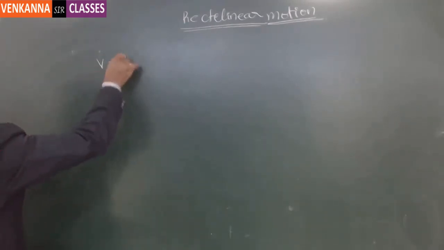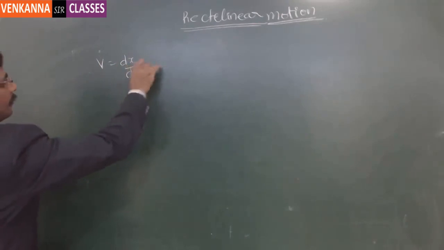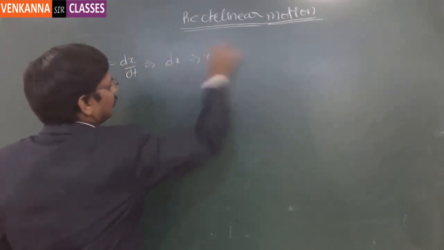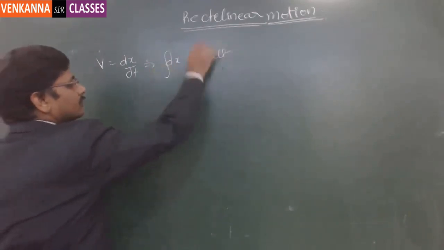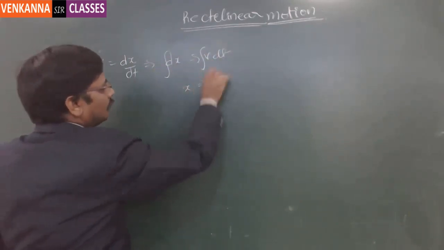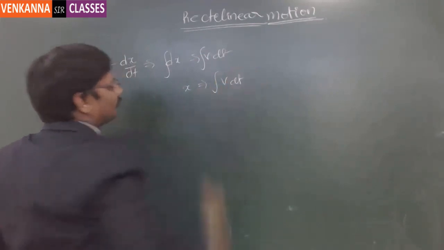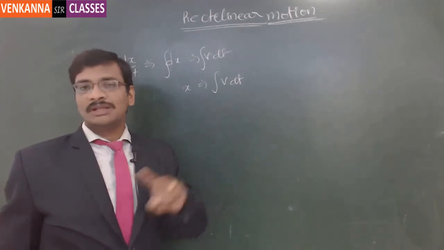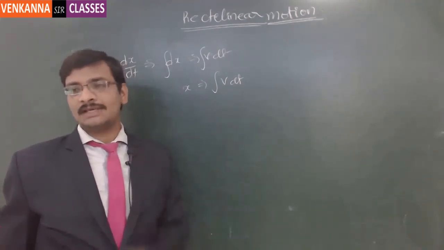So we have the relation v is equal to dx by dt. It implies that dx is equal to v times dt. If you integrate on either side, then x is equal to the integral of v dt. If you notice, the integral of any curve is nothing but the area under that curve with respect to the x-axis.